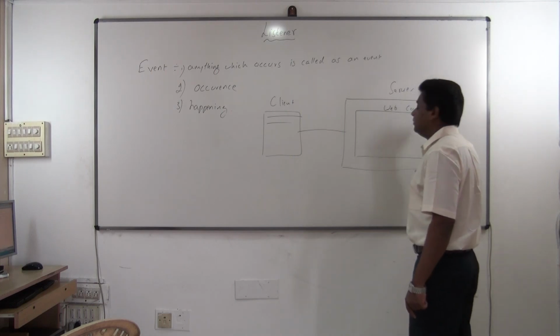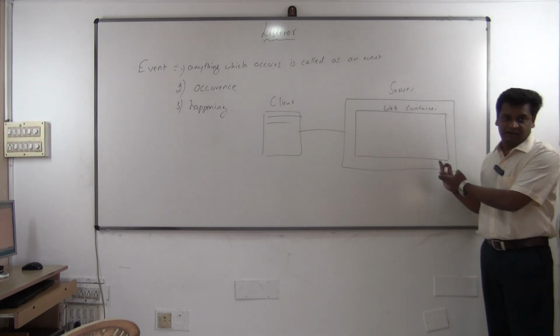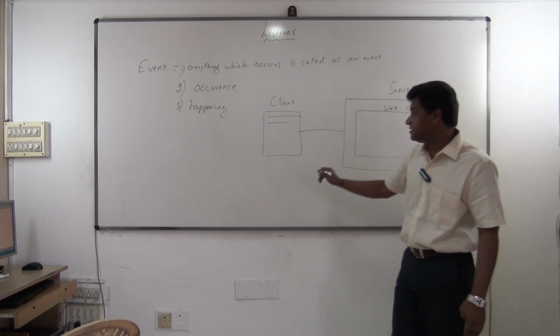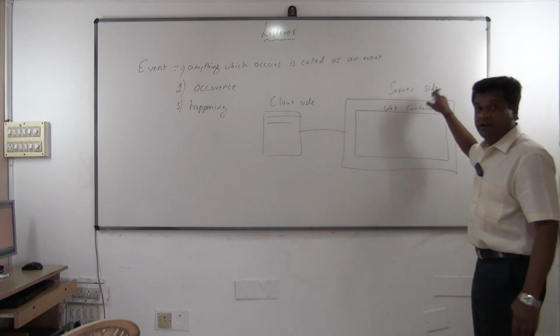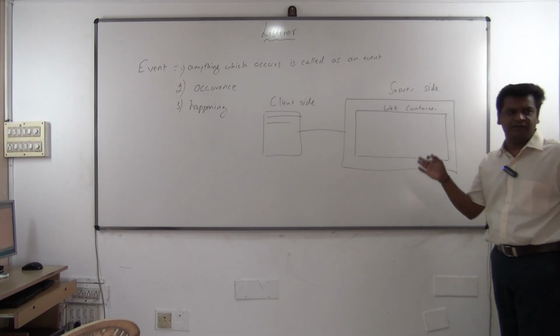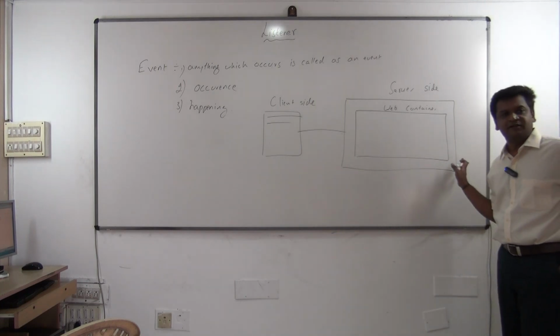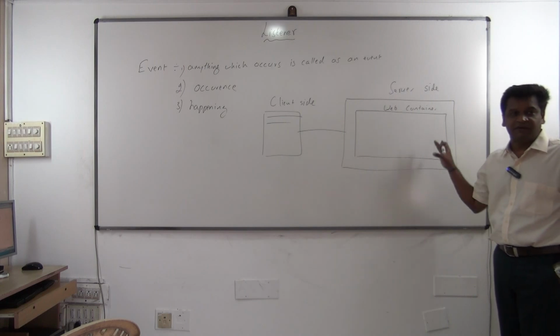Today we'll be discussing all the events which occur on the server side. Clearly understand the difference. I've got two types of event: one is the client side event, the other is the server side event. Right now we are completely focusing on the server side event.